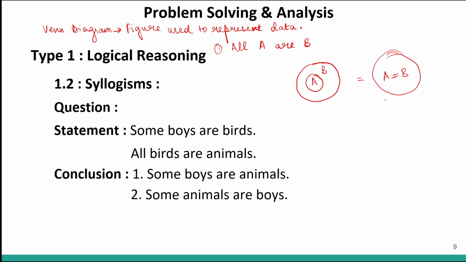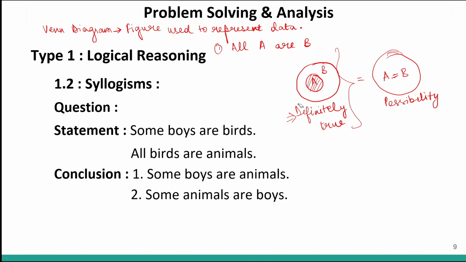This is a possibility, and this is definitely true. Okay, so all A are B basically means that A is a subset of B. This is A and all A are B. So this is definitely true. So whenever we look at syllogisms, we look at definitely true.